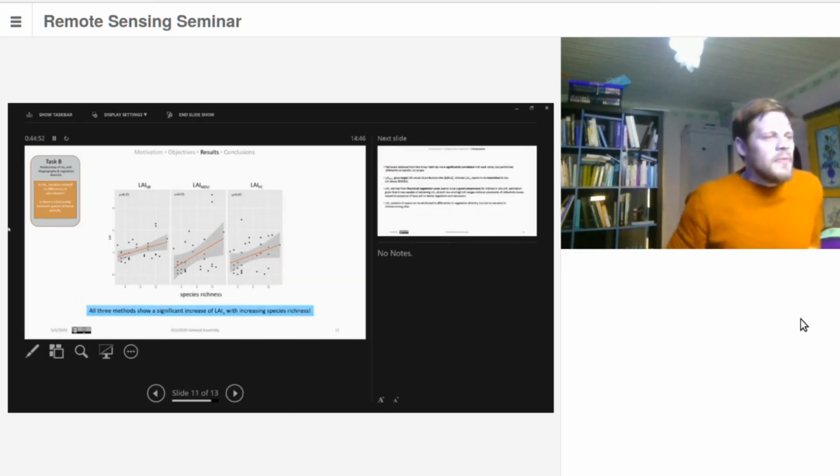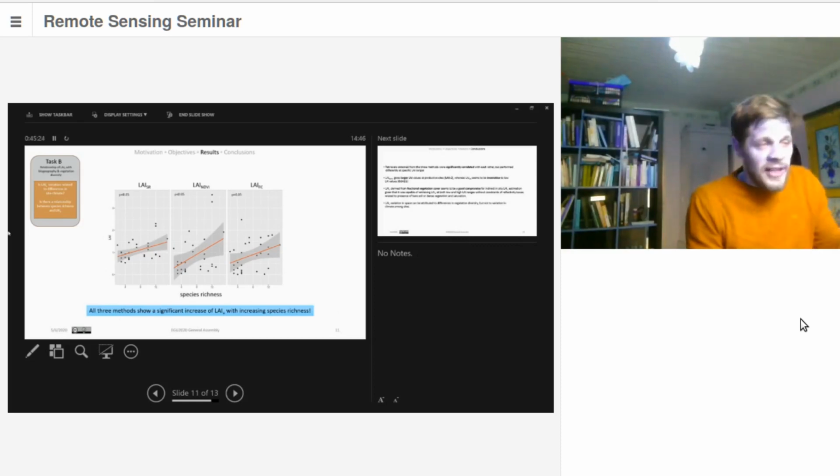But, and this is the second point, we determined species richness at our sites, and we found that all three methods show a significant relationship with species richness. Which means that the more species you have at your site, the higher is your leaf area index. It depends on the need of your desired analysis how you would employ this relationship.